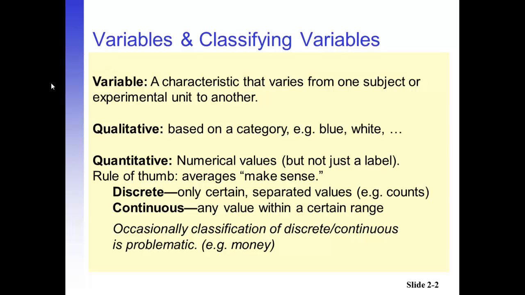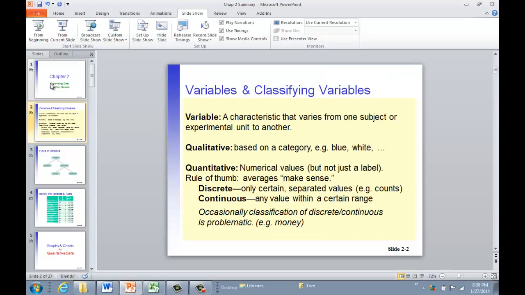It doesn't make any sense to say that a family has 1.8 children. Continuous variables, on the other hand, can take on any value within a certain feasible range. Once in a while, there is some debate about whether we should call a variable discrete or continuous, but we'll get to that in just a moment.